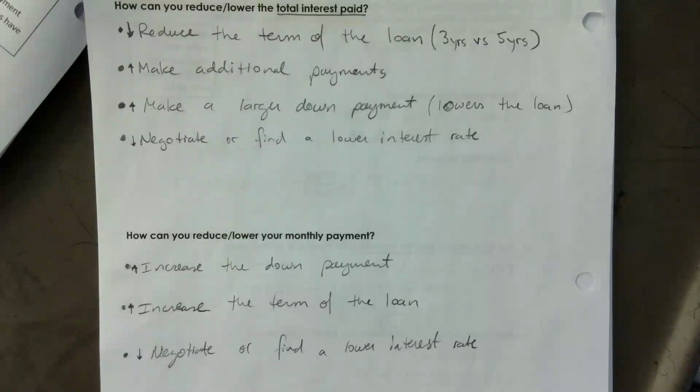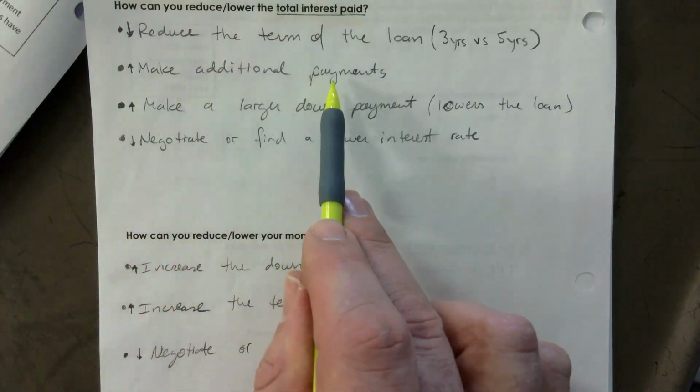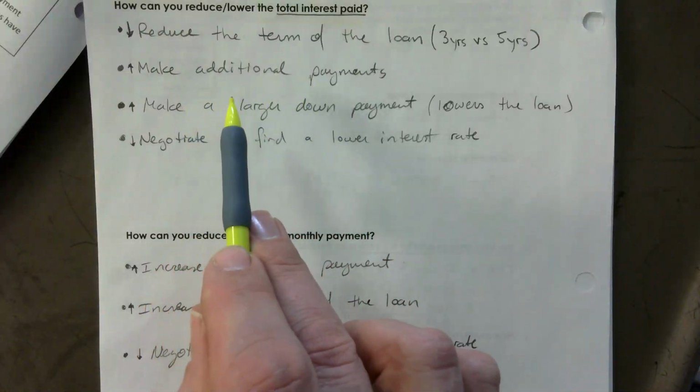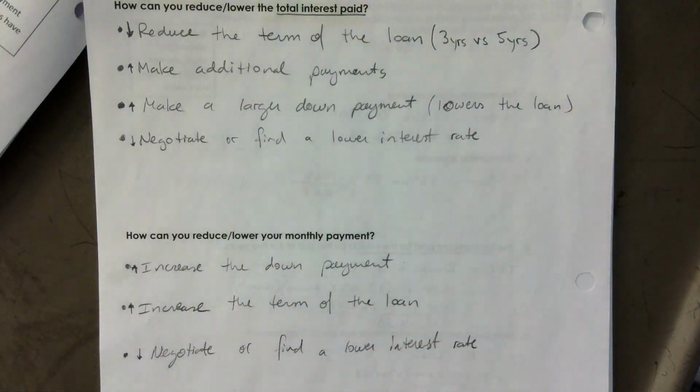So that's how you save on interest. This is also on the key, by the way. So if the bell beats us, then you know where else to get it. You can make additional payments. You can tell the bank, hey, set up another payment for $100 a month in addition to the one I'm already making. I actually did that with my car.